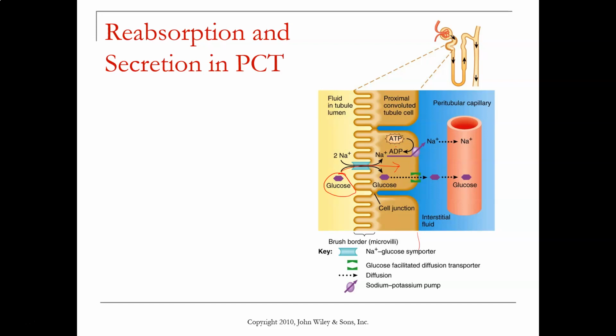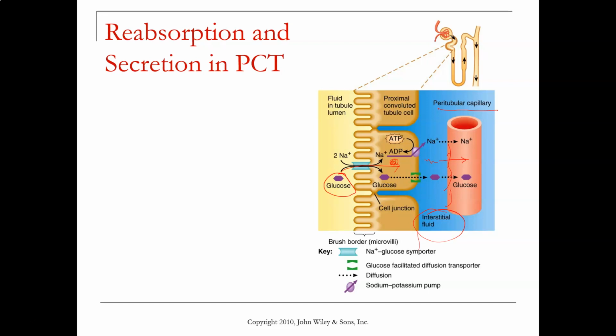So if you're a glucose molecule, you have to go through one of these epithelial cells in the kidney tubule wall. Then you go through some fluid, which is called interstitial fluid, and we'll talk more about that later. And then you have to get into the peritubular capillary, which again is simple squamous, the endothelium. And then you're reabsorbed. You're in the blood.